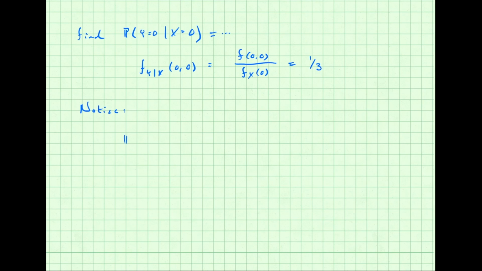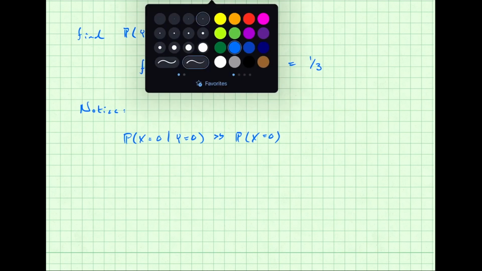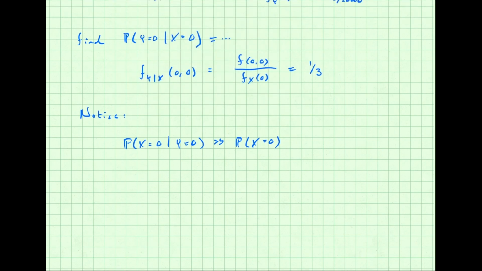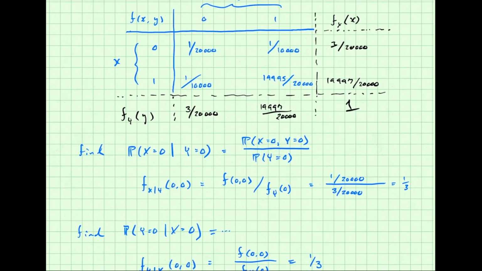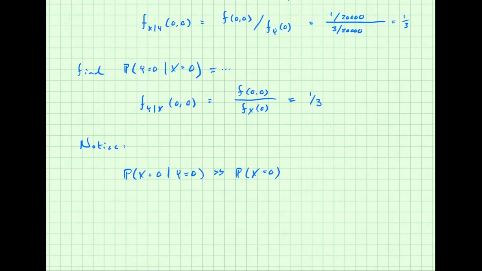This probability that x is 0 given y is 0 is big compared to the probability that x is 0. Right, the probability that x is 0, if you go back up here and look at the marginal, is just here, 3 over 20,000. So this guy is 3 over 20,000.